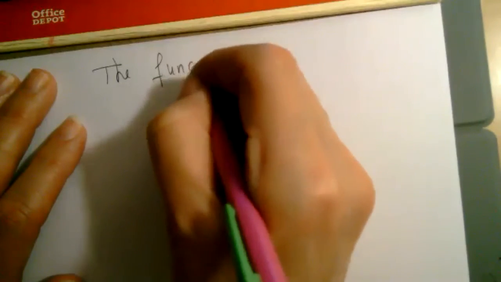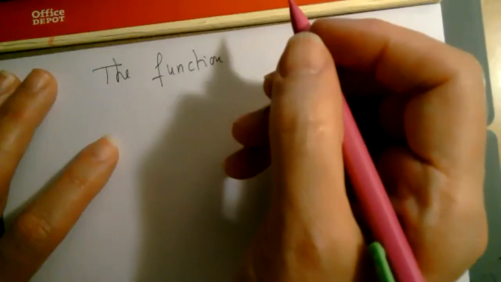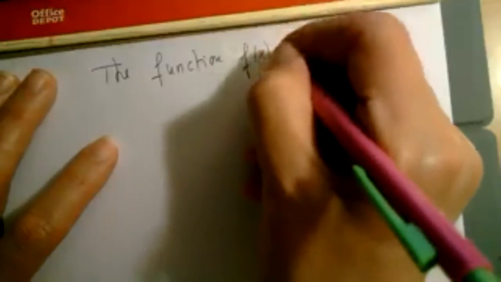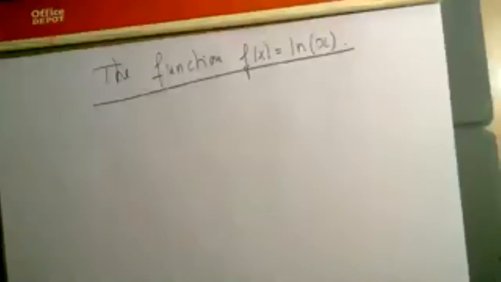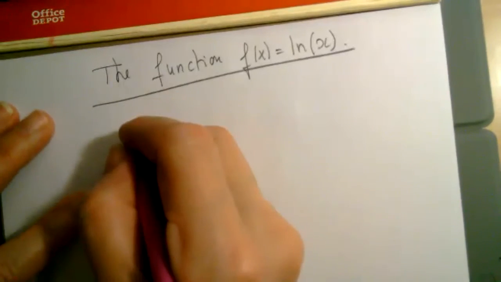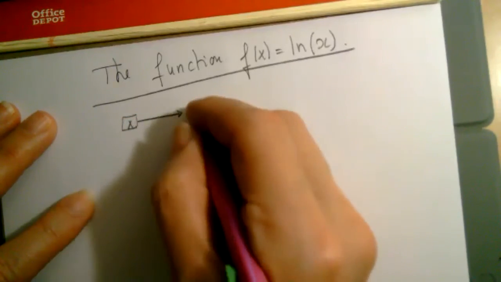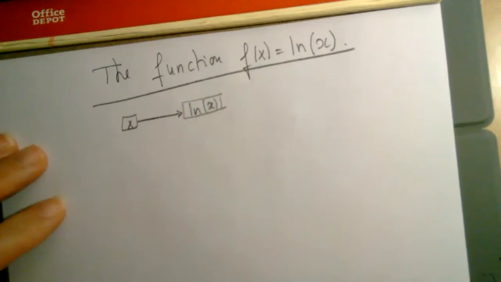Now, we use the ln so far to solve problems where the power is unknown. So now we're going to talk about the function f of x equals ln of x. It means we will talk about the rule that assigns to every x the number ln of x.